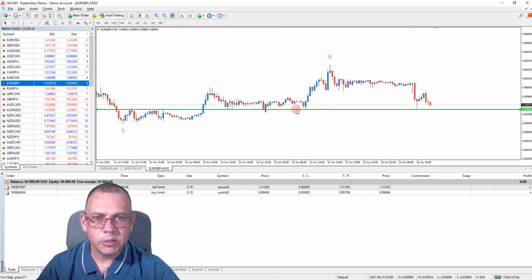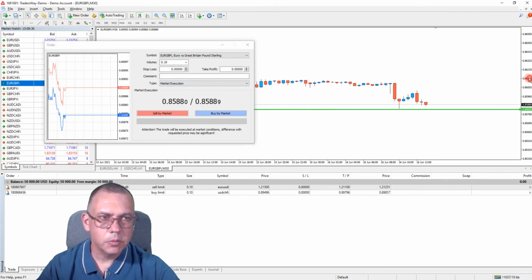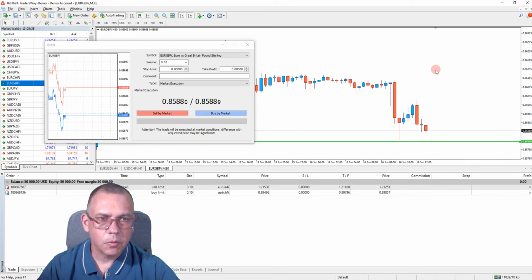Or we have a support right here on this candle, and that makes sense because this candle also touches. And we're almost there already. So what I could do is, let me zoom in a little bit so you can see this.